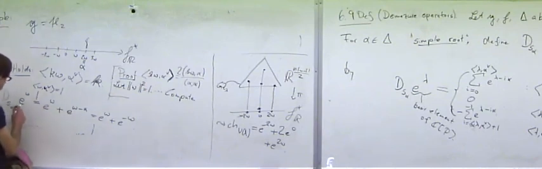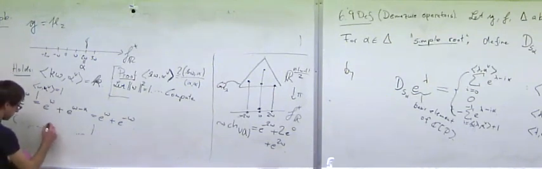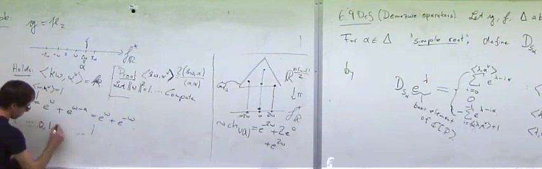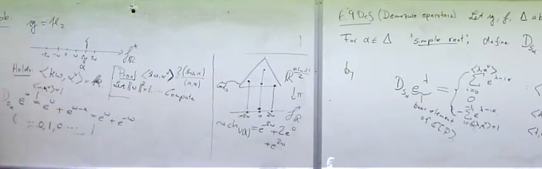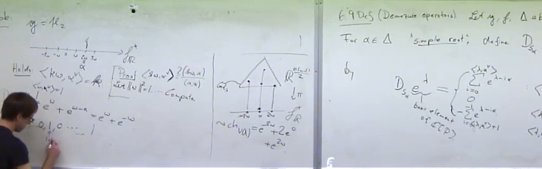So what's this vector we started with? That's e to the omega. So almost all coefficients are 0. The one coefficient is 1, the one corresponding to e^omega. So maybe I call this the first coefficient.